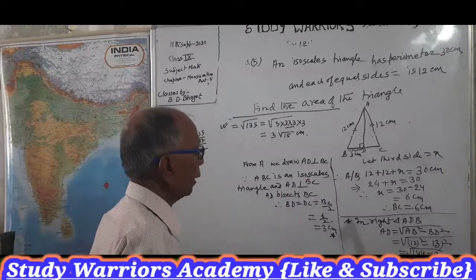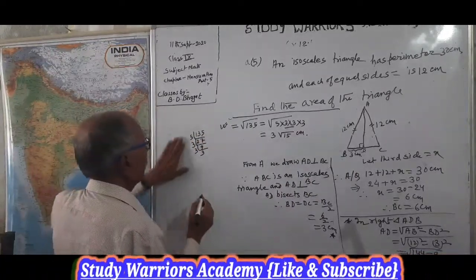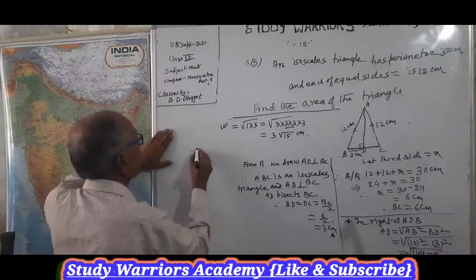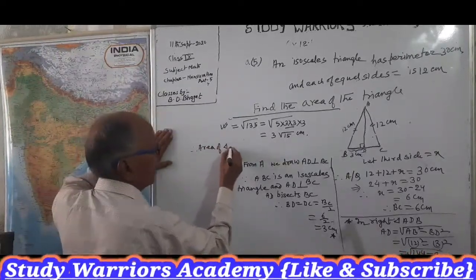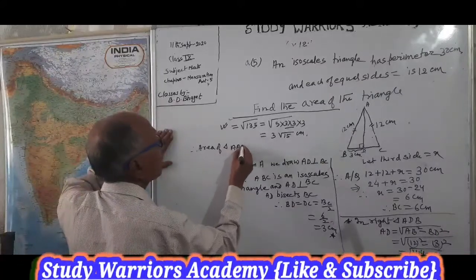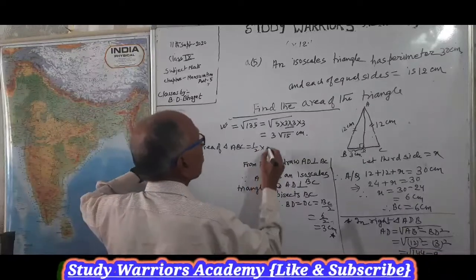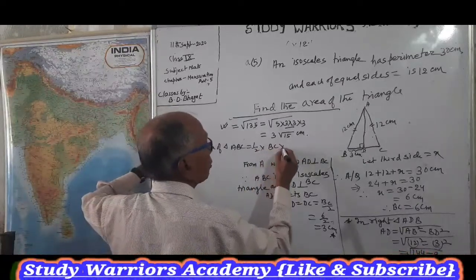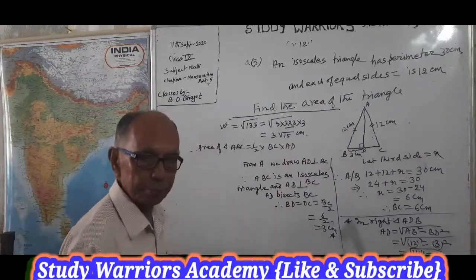So we found the height. Then area of the triangle ABC is half into base BC into height AD. All values are given.